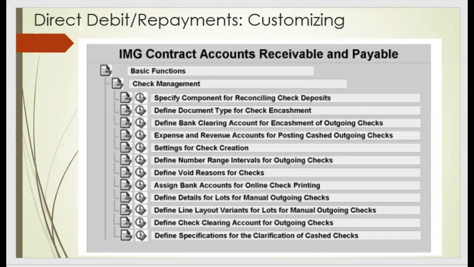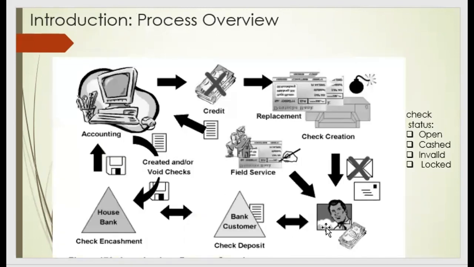Now, direct debit and repayment. Direct debit is another kind of payment. Direct debit means the customer is linked to the utility company. He provided all the banking information to the utility company, and he provided a particular date. So every month on that same date, automatically the amount will come to the bank.